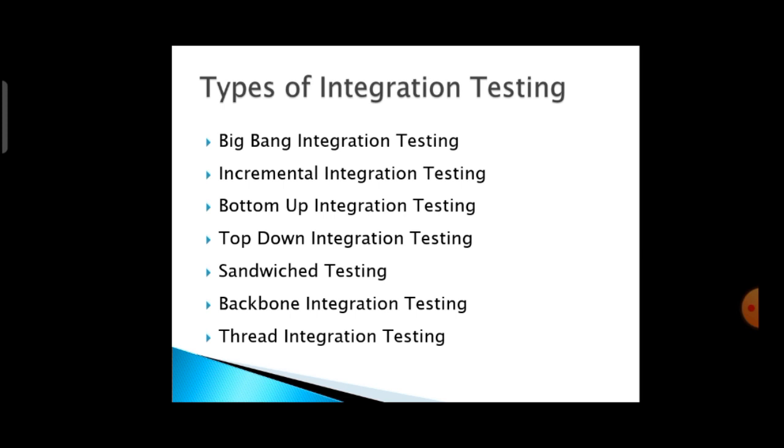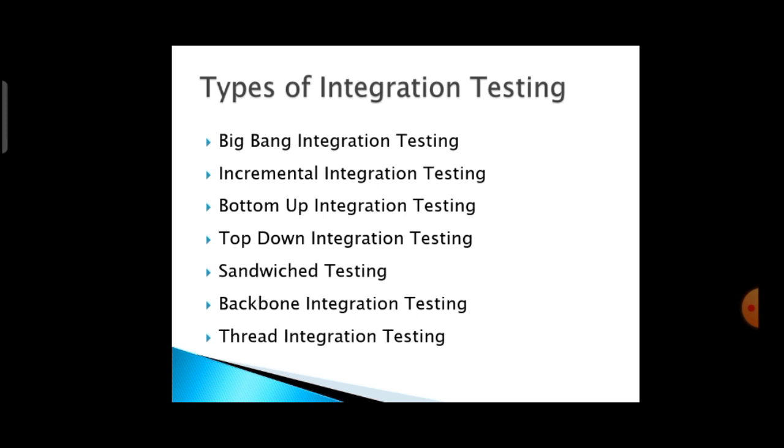And the next approach of integration testing is top-down integration testing. The top-down integration testing starts with the main routine and one or more subordinate routines in the system. It requires the use of program stubs to simulate the effect of lower level routines.